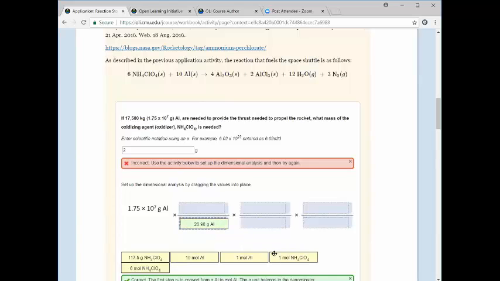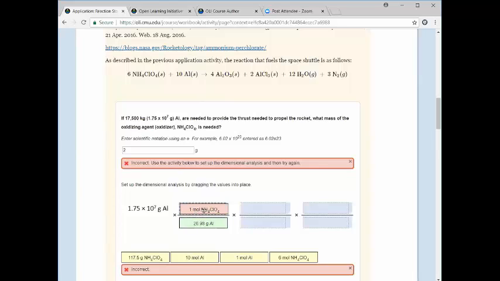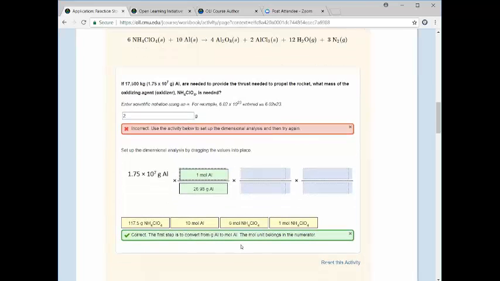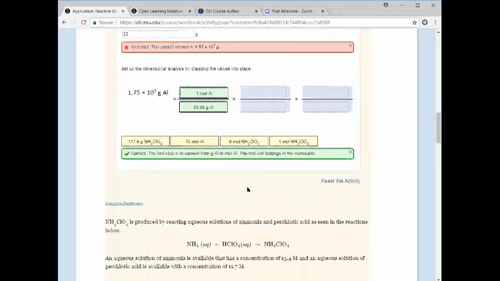So the student would go through and set this up, and they would be able to see if they are setting it up correctly or not, and so on. So they'd get that set up, and then they would get feedback, okay, try again. So hopefully they'd be able to get the correct answer there. If they did not, they're given the correct answer.